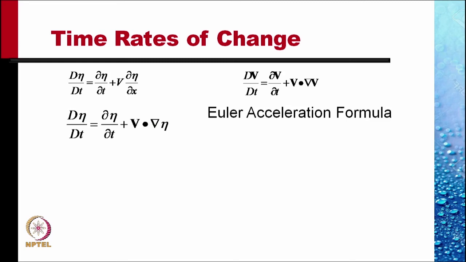The term on the left gives you the actual acceleration of a particle. This is a material description, a Lagrange description. The first term on the right is the local rate of change of velocity, and v dot del v is the convective rate of change of velocity, or the convective acceleration.